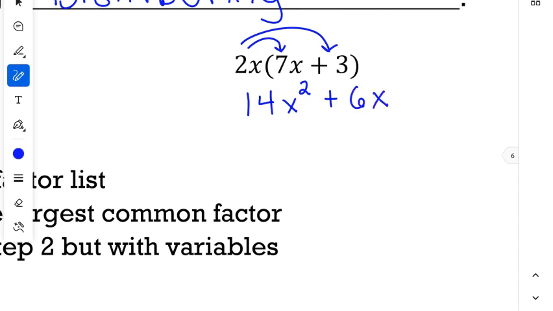And then you multiply 2x times 3. 2 times 3 is 6, and you keep the x. So that's distributing. So factoring is going back. It's going the other way. Basically you find what your GCF is and you divide everything by it.